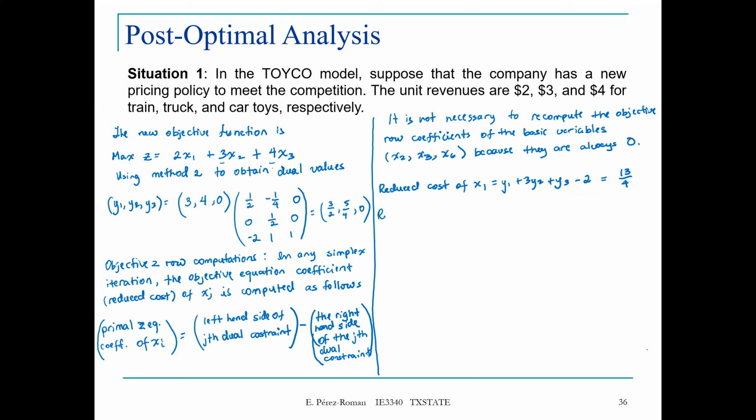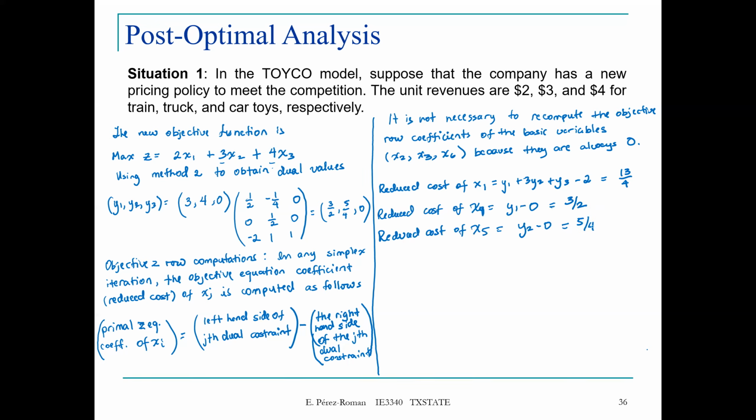The reduced cost of x4 is going to be equal to y1 minus 0, which equals 3/2. And the reduced cost of x5 is going to be equal to y2 minus 0, which equals 5/4.